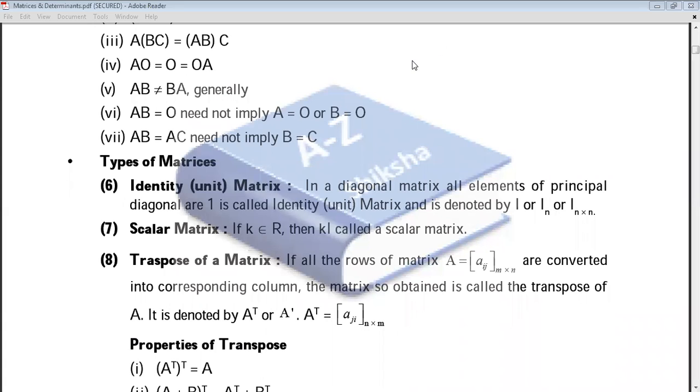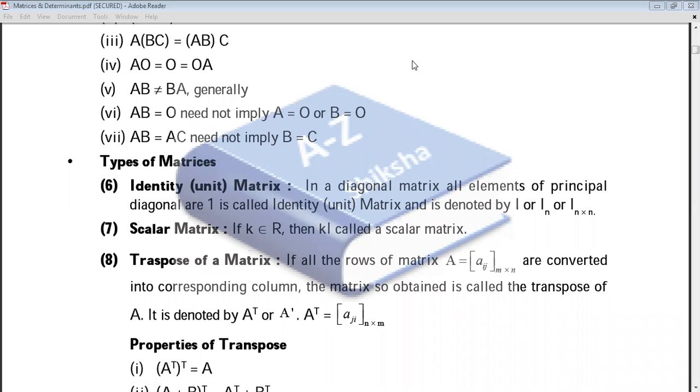A diagonal matrix, just write down, a diagonal matrix is said to be a scalar matrix if all the diagonal elements are same.